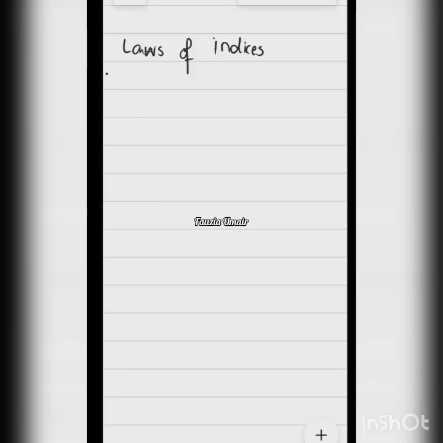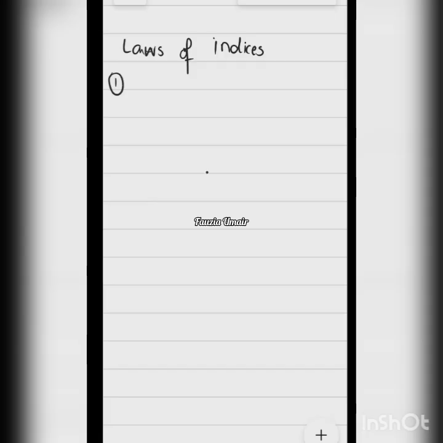So laws of indices, exponents, or laws of powers. So there are several laws. First law is that if the two variables are... it's called the product law again.